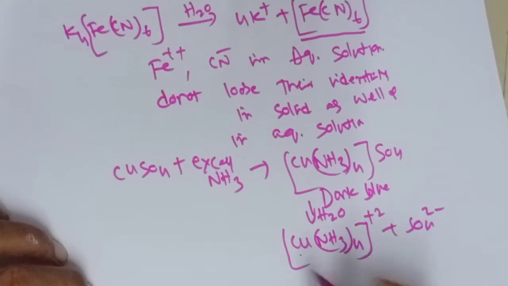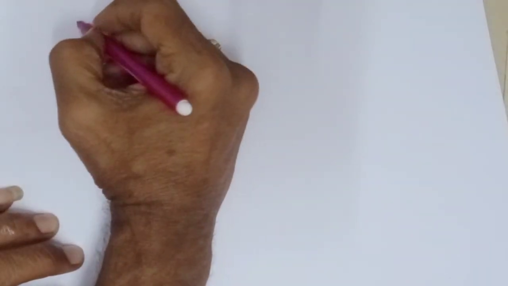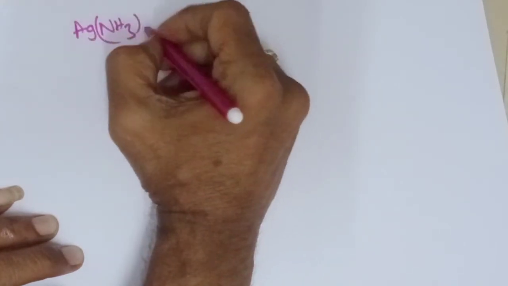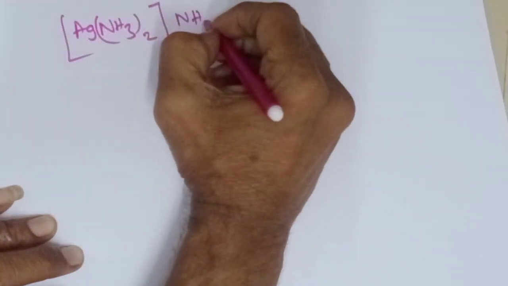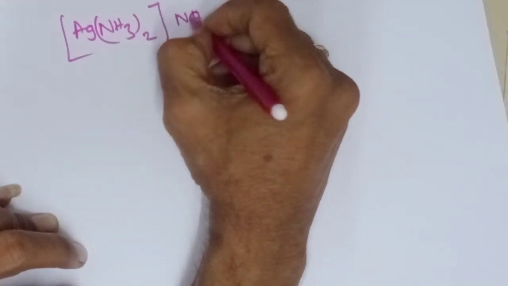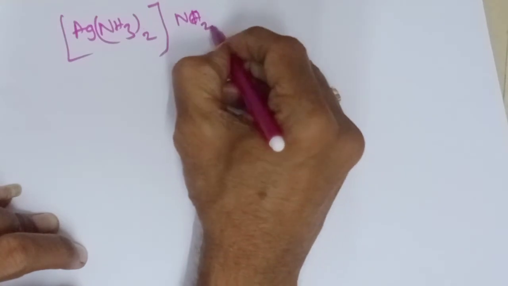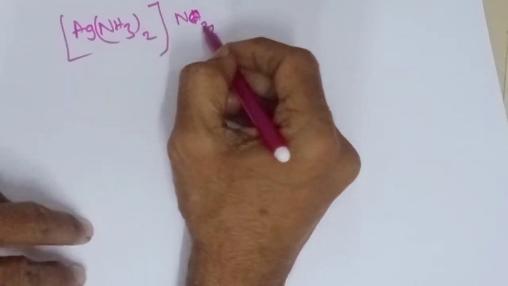Please note it. At the same time, another example: [Ag(NH3)2]NO3, diamminesilver nitrate.